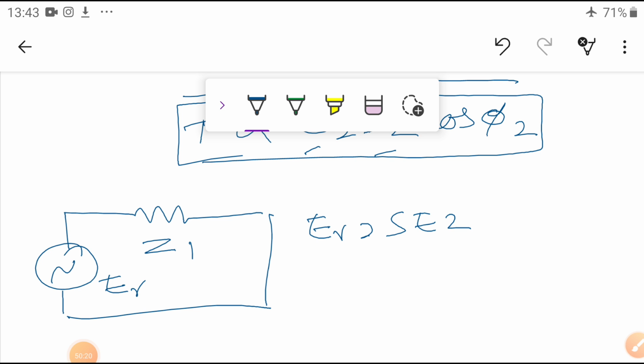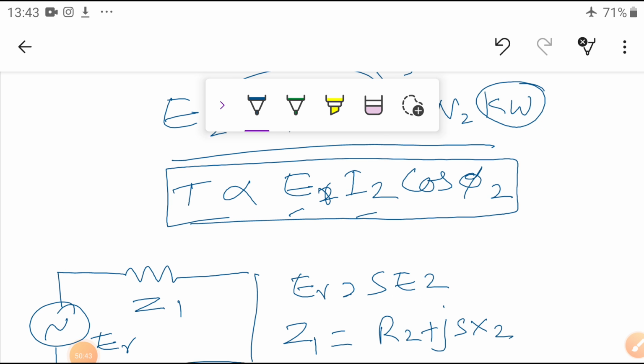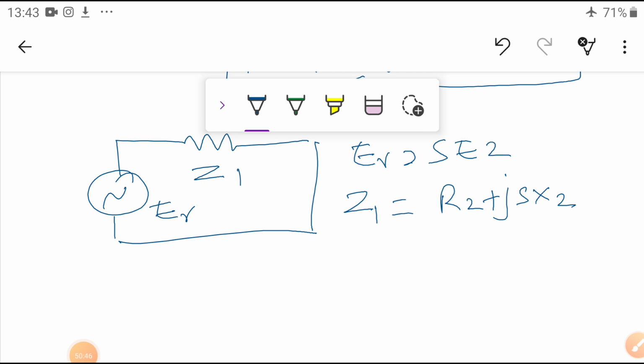What is Z1? Under running condition, Z1 is R2 plus j S X2, where j is a constant. These are the values. Now substitute ER. This is E2, and under running condition this is ER. This is I2. How are we going to find I2? Here I want the current I2.